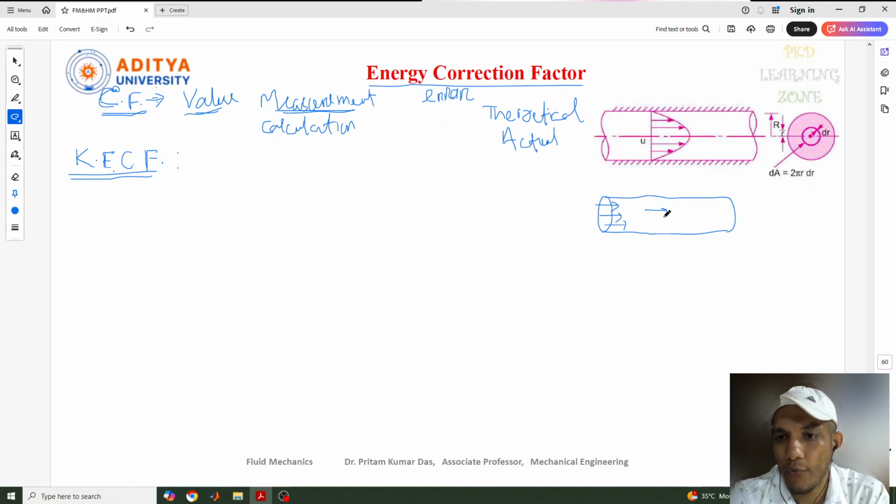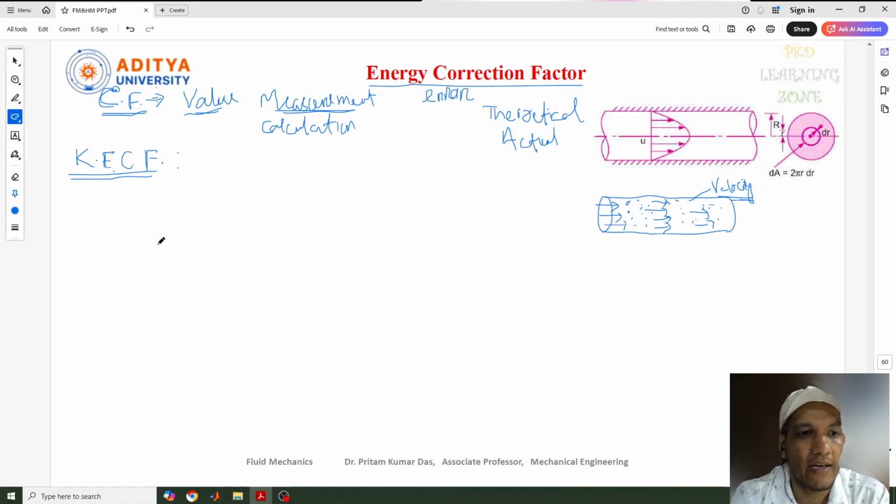When the fluid is flowing, it has a number of individual particles, individual molecules. Suppose these are the individual molecules flowing in this pipe. Each individual molecule has some velocity. If you identify that individual velocity of the molecules in the full fluid, it is called the actual velocity.